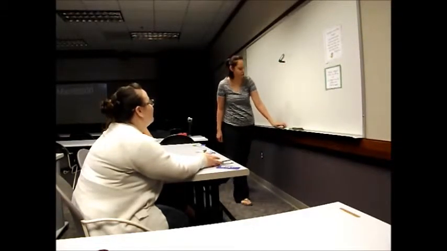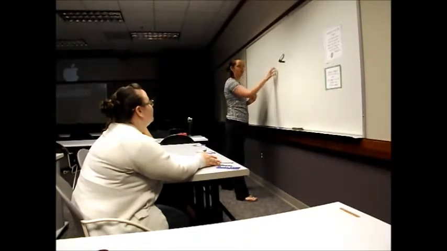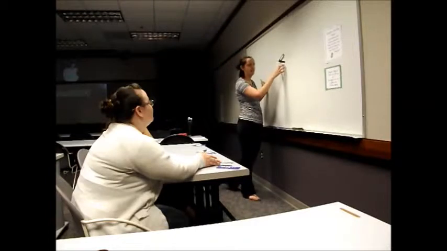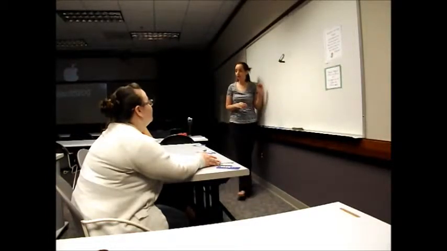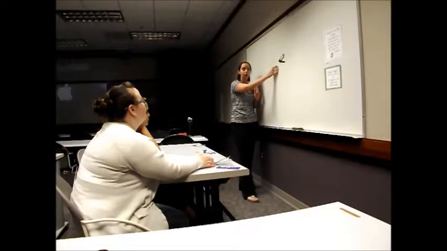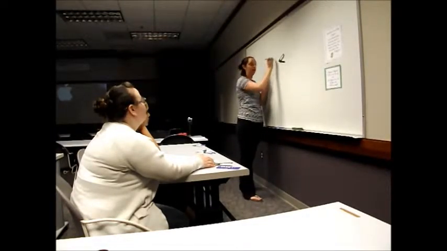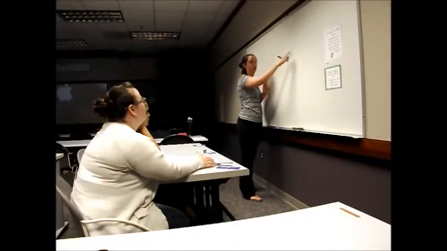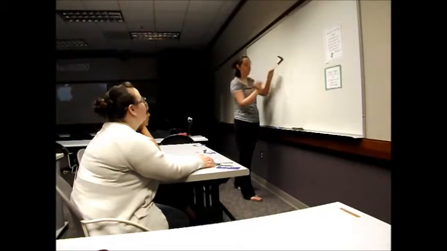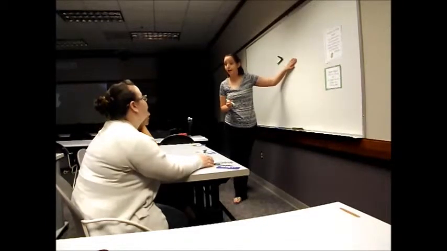No, so what we're going to do is, if this number is less, we're going to say 480 is less than 481. Now, if this number is larger, it would be 481 is bigger than or greater than 480.